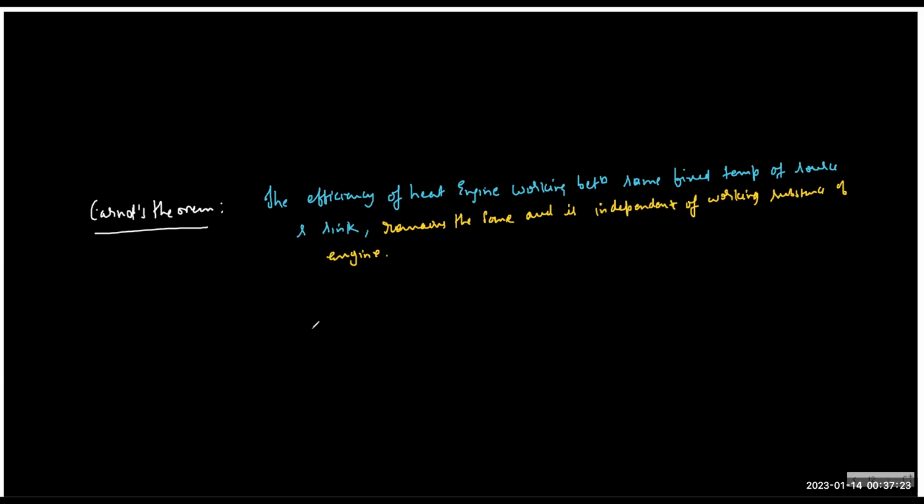Also, you should remember that I have proved that since eta reversible is more than eta irreversible, if we have many engines working between the same TH and TL, among all heat engines, the Carnot cycle will have the maximum efficiency.